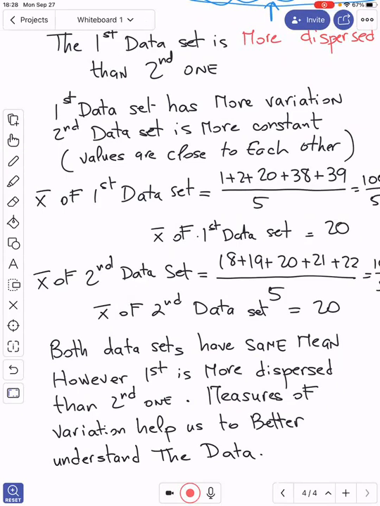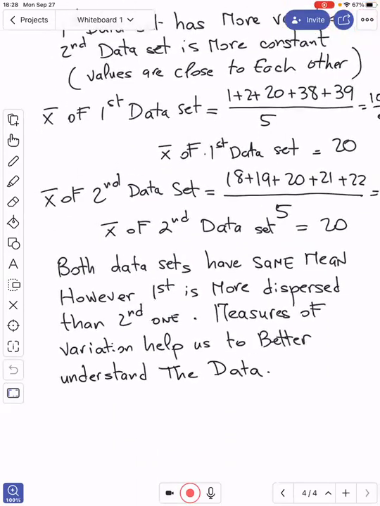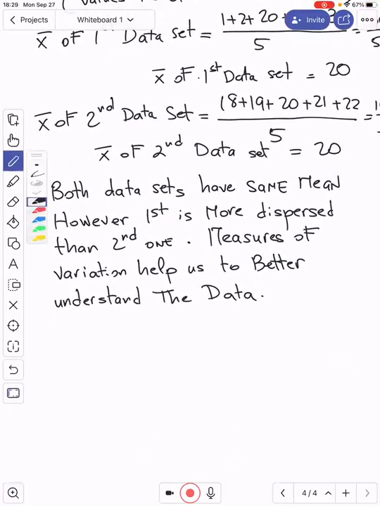Now, the first measure of variation is very simple, but it's not really effective. The first measure of variation is called the range.